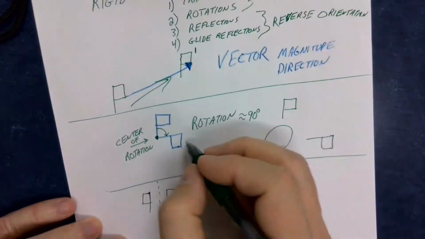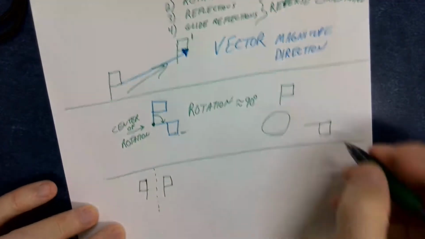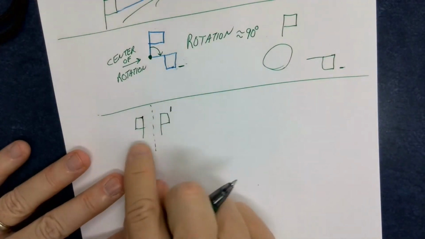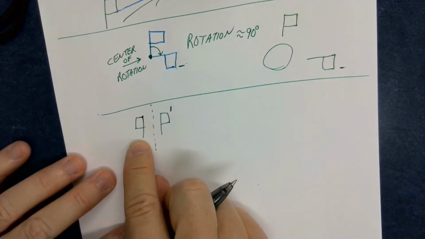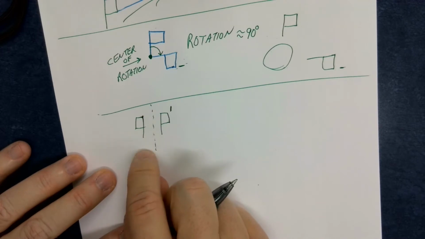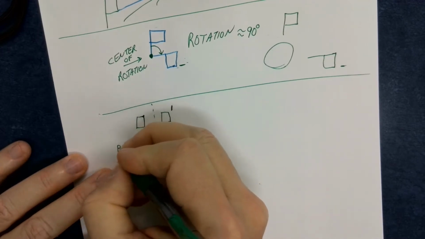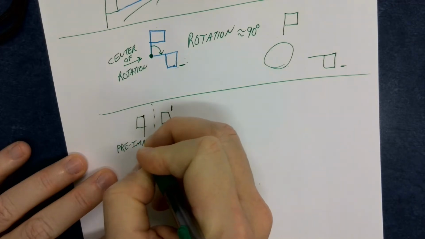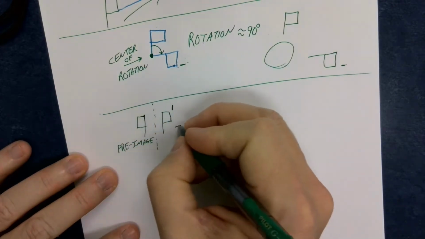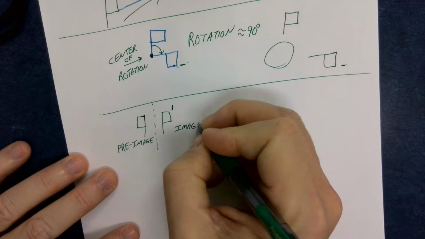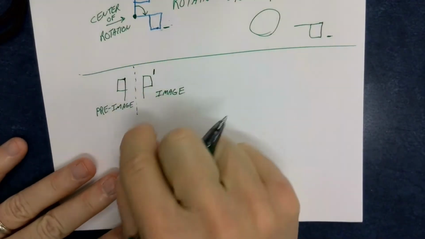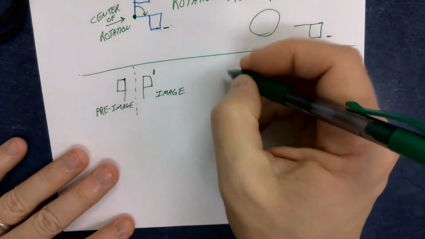Call that flag prime, call this flag prime, call this flag prime. So we know that the one that doesn't have the little dash on it is the original one, or what we call a pre-image. Pre-image. And the one after is called the image. Okay?